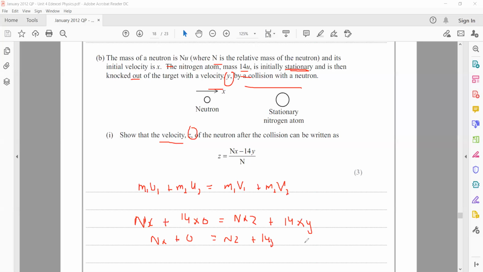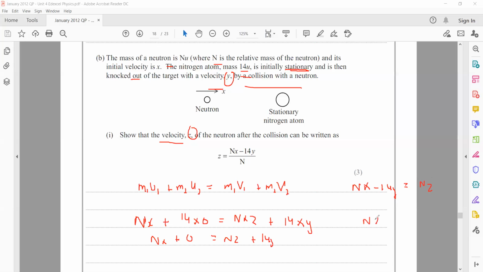14y will move to the other side. So we can say nx minus 14y is equal to nz. And then we need z, so n is multiplied, so it will be divided.